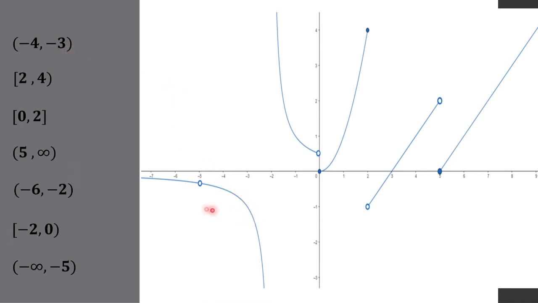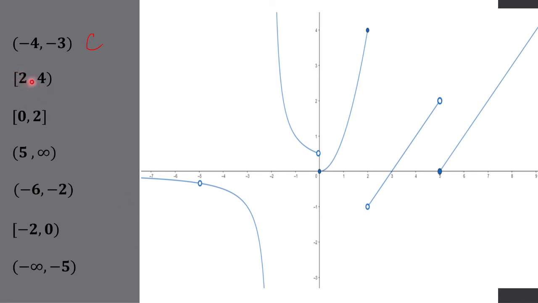So in reference to our given graph, this would be x is equal to negative 4, and this would be x is equal to negative 3. If we try to trace the graph from negative 4 to negative 3, and we do not see any holes, gaps, breaks, or asymptotes, therefore, this is continuous. Let's say for the interval 2 to 4.